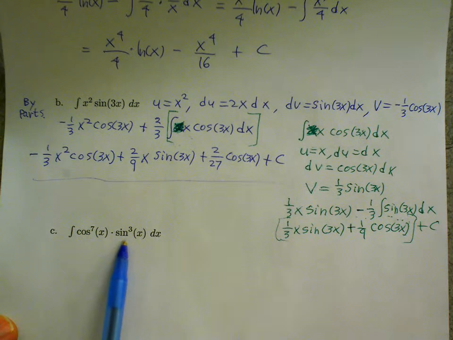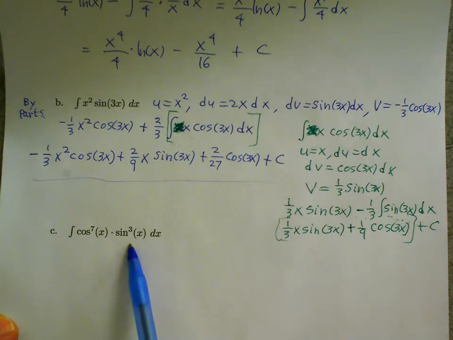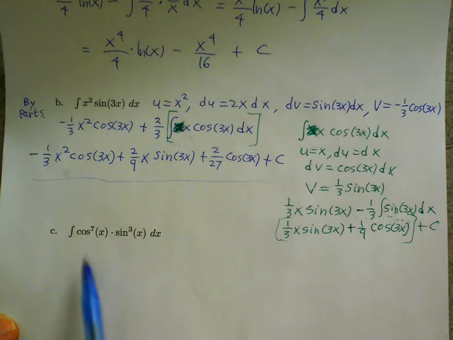If we rewrite sine of x to the 3rd as sine of x to the 2nd times sine of x, then we'll use the fact that sine of x squared is equal to 1 minus cosine of x squared. And then also, if we assign u to be cosine of x, then du is negative sine of x. And then after that, we'll be able to use the substitution rule.